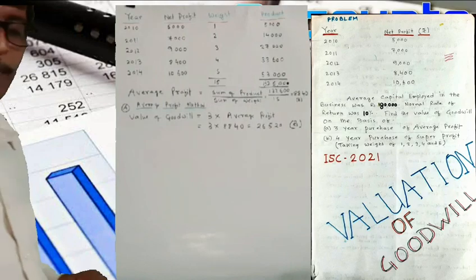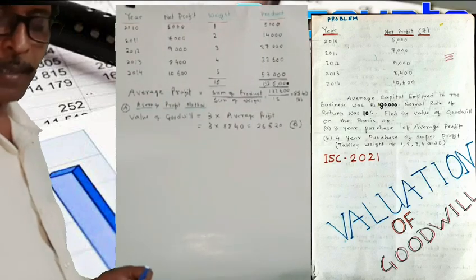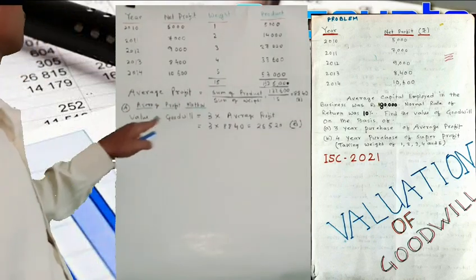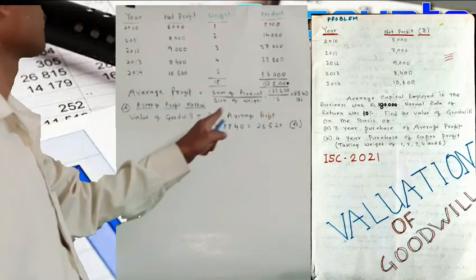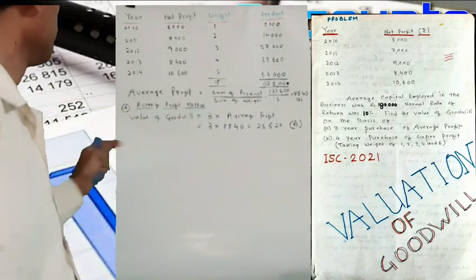In this question paper we have to find the value of goodwill in two ways. Part A, 3-year purchase of average profit: under the average profit method, goodwill is 3 into average profit, which we have already found.